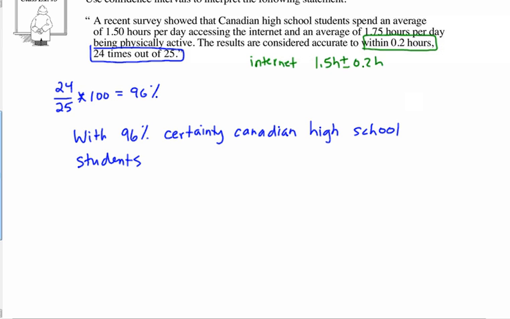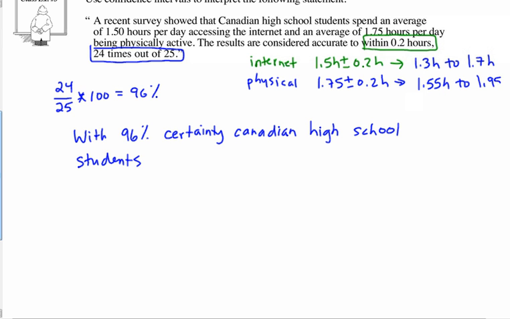So what's our range going to be? 1.5 minus 0.2 is 1.3 hours, and add 0.2 is 1.7 hours. And our physically active is 1.75 hours. And again, the same error. So if we subtract 0.2, we're at 1.55 hours to 1.95 hours.